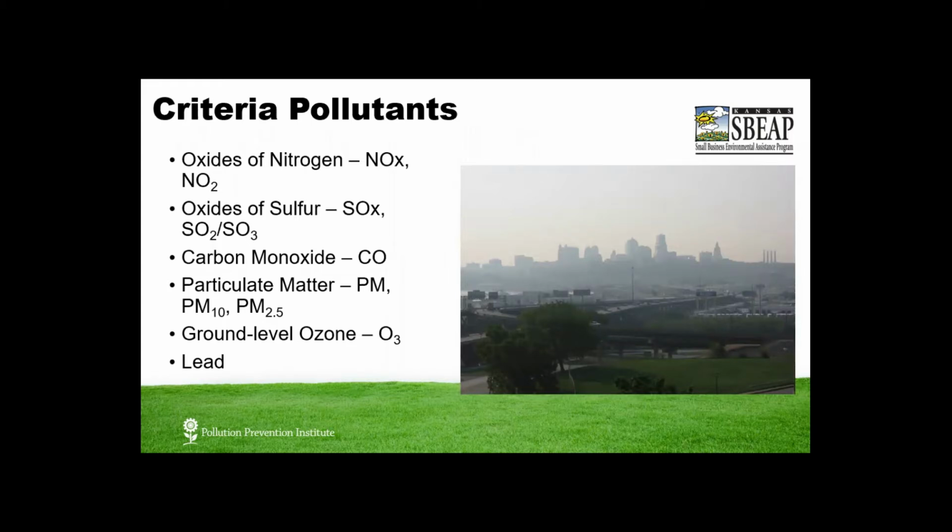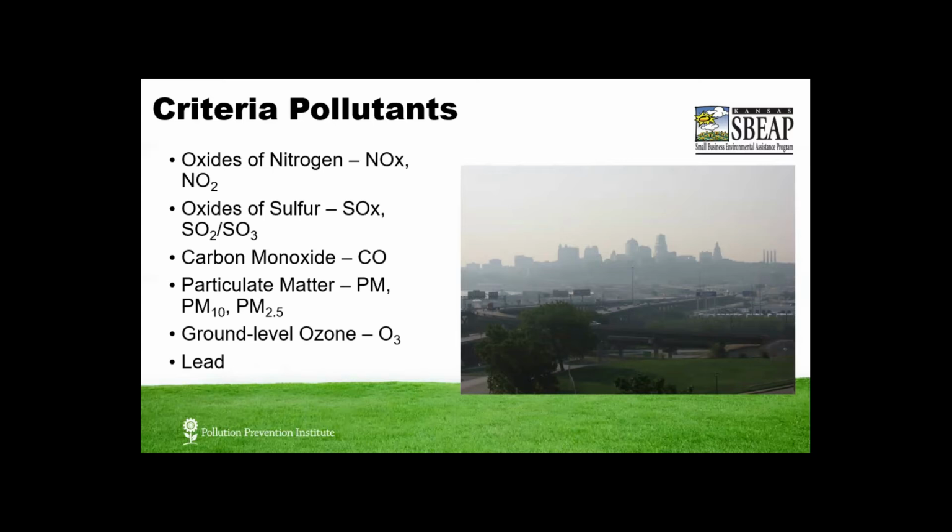EPA has established National Ambient Air Quality Standards, or NAAQS, for these pollutants to help monitor pollution levels throughout the country and to provide for remedial action if the pollution levels of any criteria pollutant exceeds the levels established to protect human health, ecosystems, and even our infrastructure and property from damage.